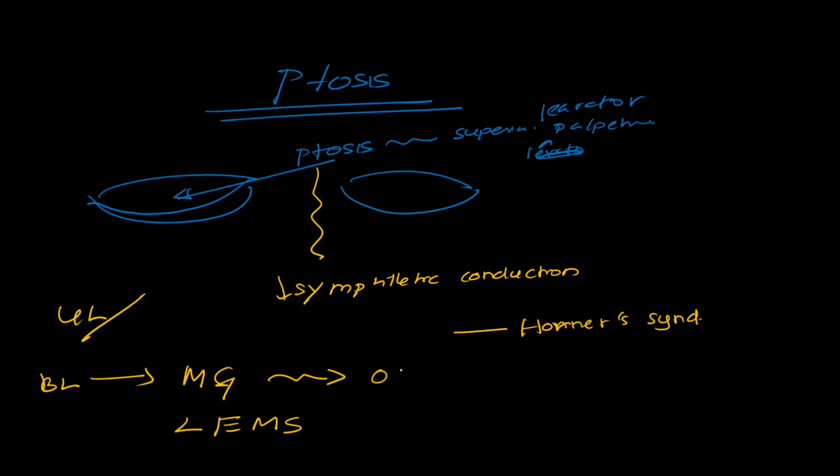The problem in myasthenia gravis is the presence of antibodies that have disrupted or destroyed the postsynaptic receptors for acetylcholine.